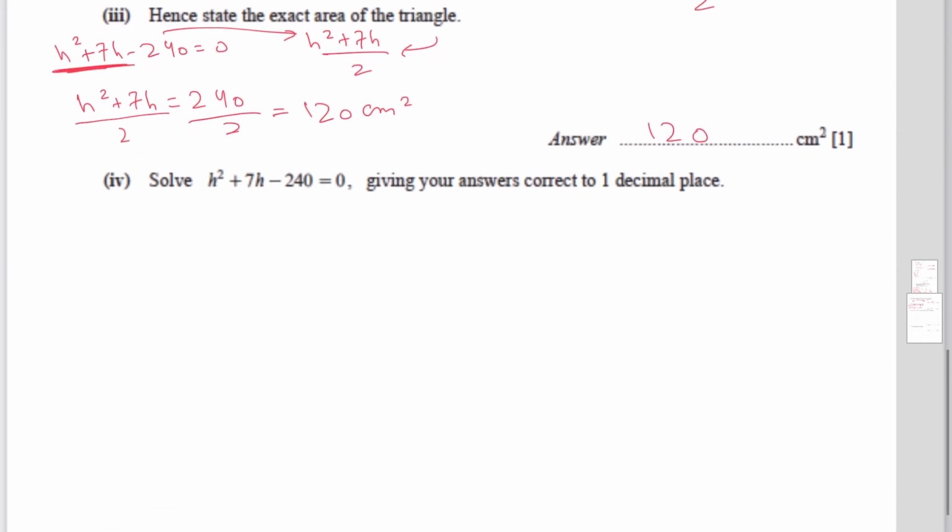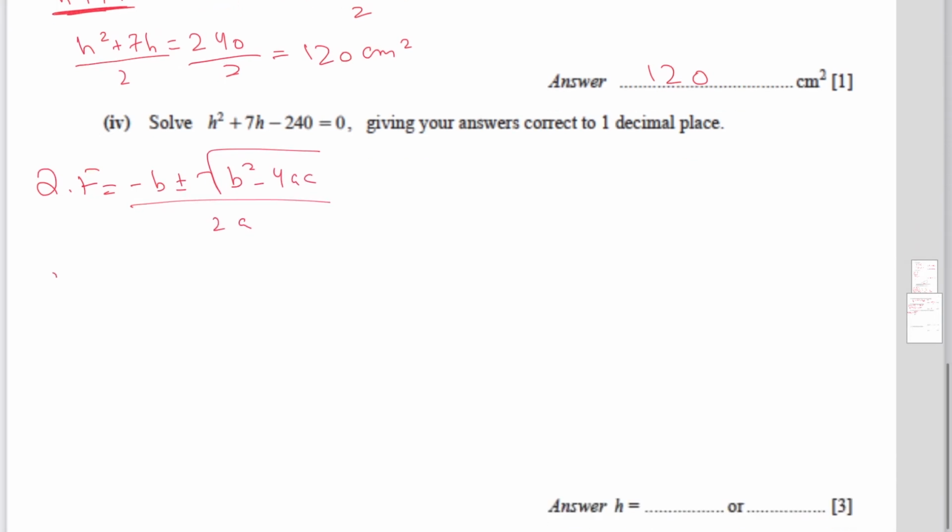The next part says solve h square plus 7h minus 240 equals 0. So you use the quadratic formula. The quadratic formula is simple. You get negative b plus minus under root b square minus 4ac over 2a. The value of a is 1, the value of b is 7, and the value of c is negative 240. So let's do it over here.